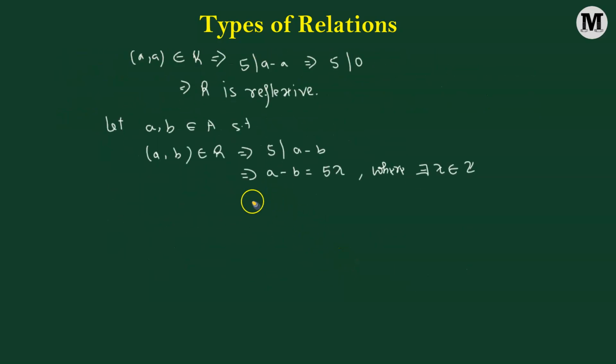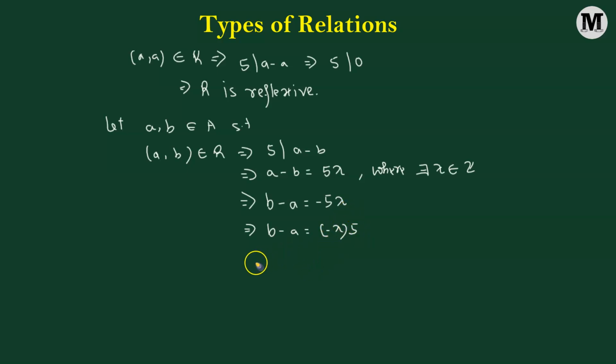Fine. Now what we can do here is we can also rewrite it as b minus a equals negative 5 lambda. All we have done is multiply both sides by negative 1. Now we have b minus a equals negative lambda multiplied by 5. Now lambda is an integer, so negative lambda is also going to be some integer.